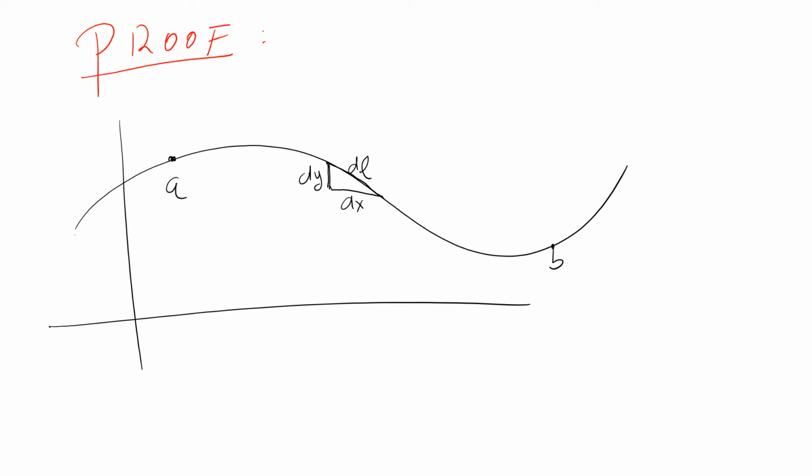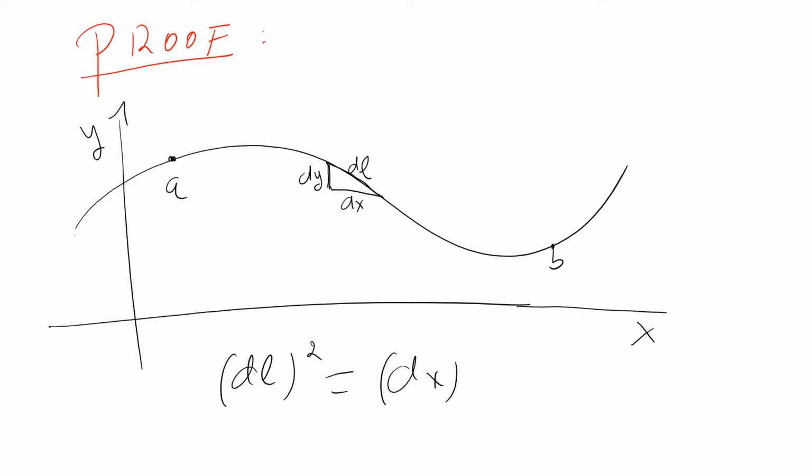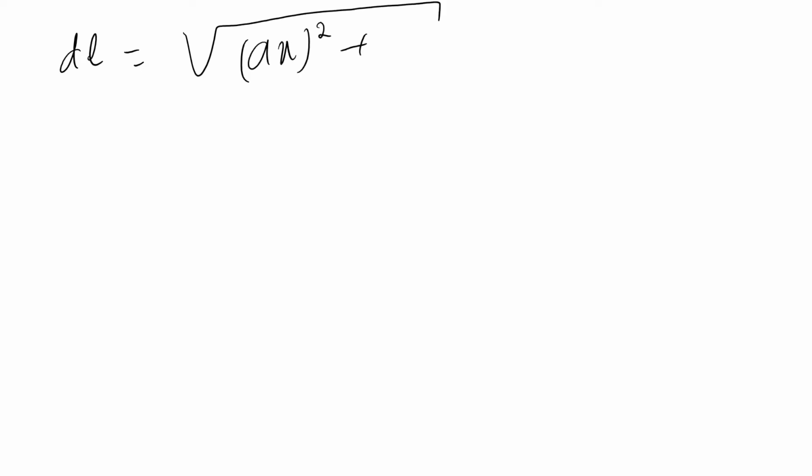As you can see here, we made a right angle triangle where ds squared is equal to dx squared plus dy squared. This is the Pythagoras theorem. So ds is equal to the square root of (dx) squared plus (dy) squared.